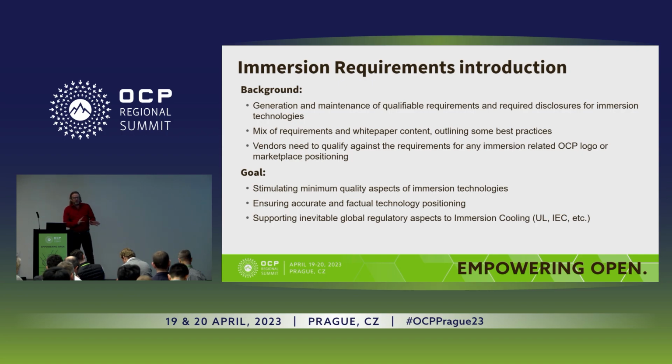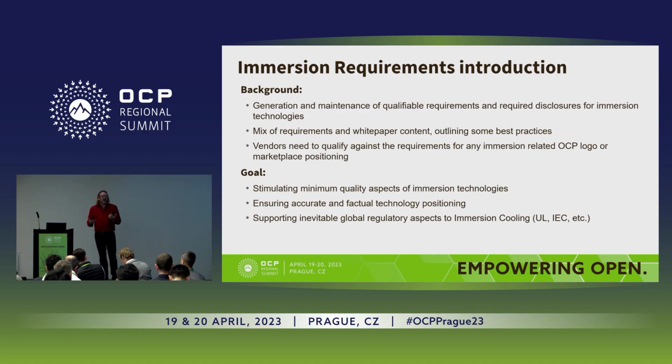Within Open Compute, we're using the requirements to ensure that anything that is being put on the OCP marketplace, or that anyone who desires to get any kind of qualification for OCP recognition for their products, goes through an assessment to make sure that their immersion-related products are in compliance with this requirements document. And I'll be going through the explicit requirements as well, right? So just bear with me with that.